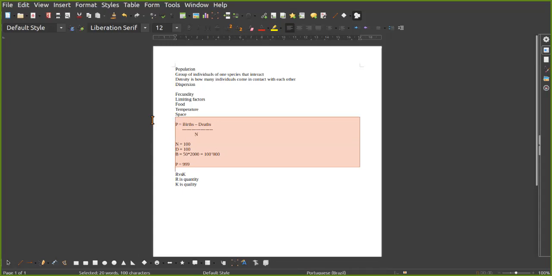And for this type of animals, we have something called r versus K. Let's say you go to a restaurant and you can have cup noodles, or you can have organic pasta from Italy.